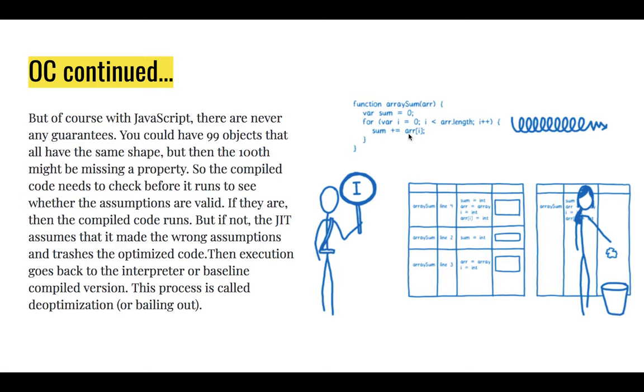And if it does become false, the JIT simply assumes that it made the wrong assumption, and it will go back to the previous compiled version of the baseline compiler, or even the interpreter, whatever suits. This process of bailing out of the compiled version is called de-optimization.